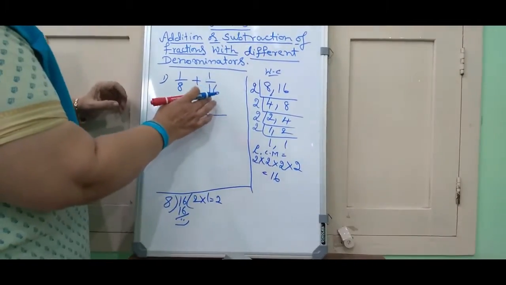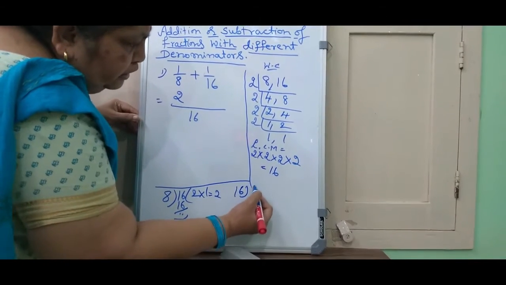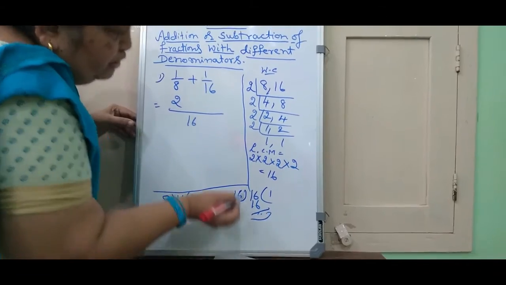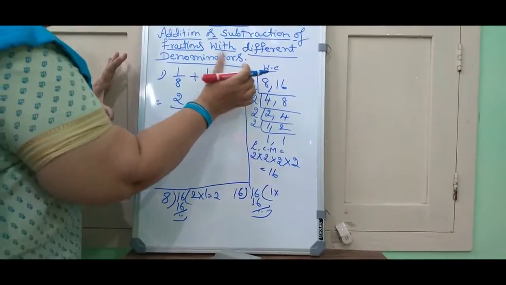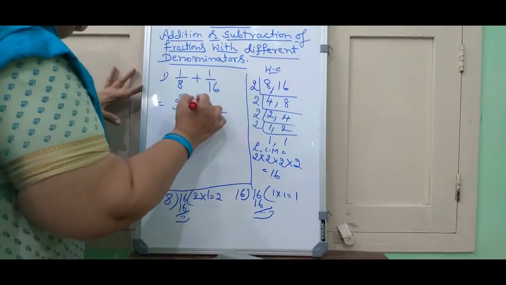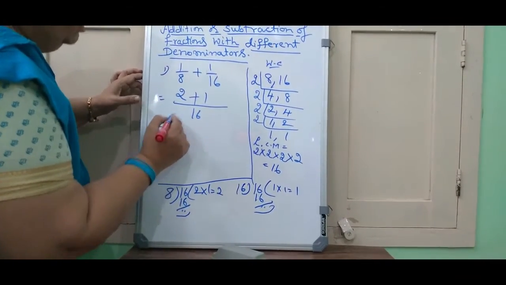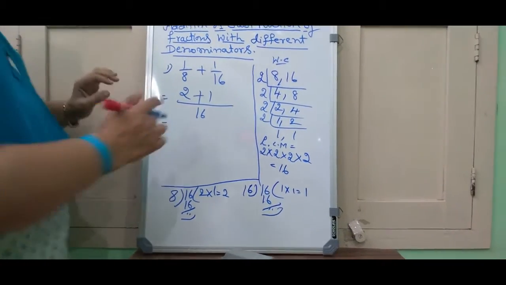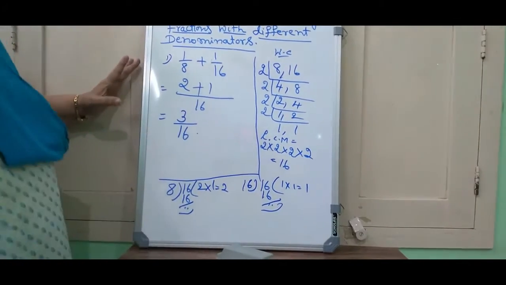Again let us consider the denominator of the second fraction, 16, and this LCM is also 16. So 16 1s are 16, and the numerator, 1 into 1, is 1 only. So this will be 1. Now let us add these numerators. 2 plus 1, that is 3 by 16.